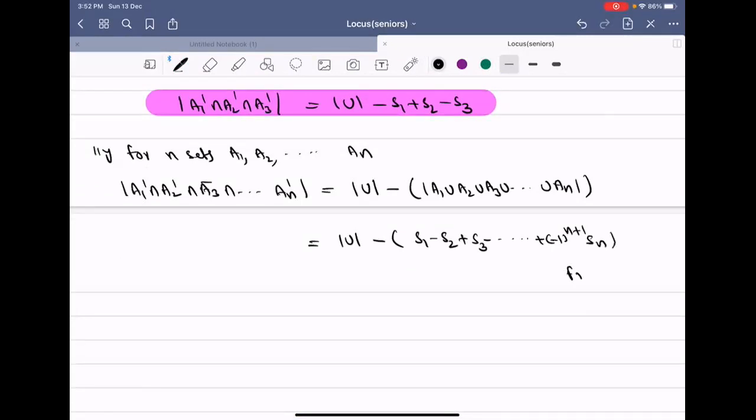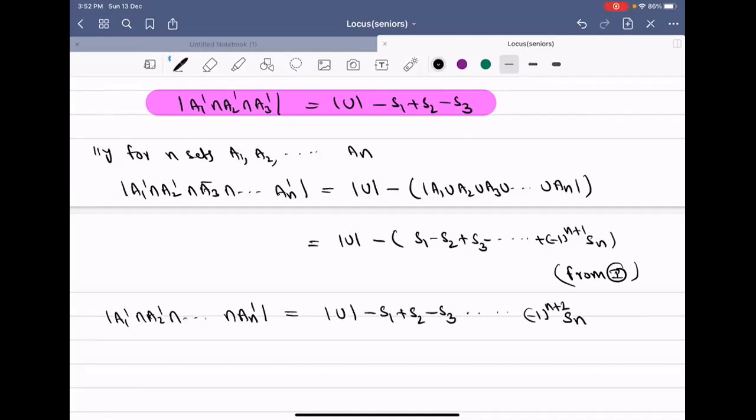This is what from 1. Now this is equals to A1 prime intersection A2 prime intersection etc. intersection AN prime is equals to universal set minus S1 plus S2 minus S3 etc. plus, ఇక్కడ మైనస్, మైనస్ 1 పవర్ n ప్లస్ 1 అంటే ఏమవుతుంది, మైనస్ 1 పవర్ n ప్లస్ 2 అవుతుంది.